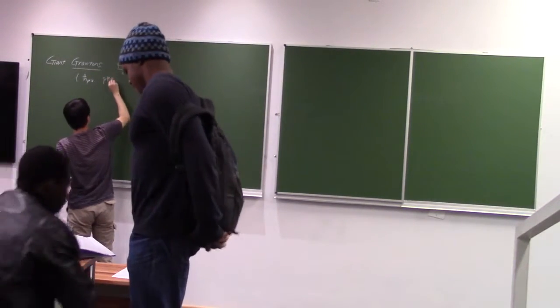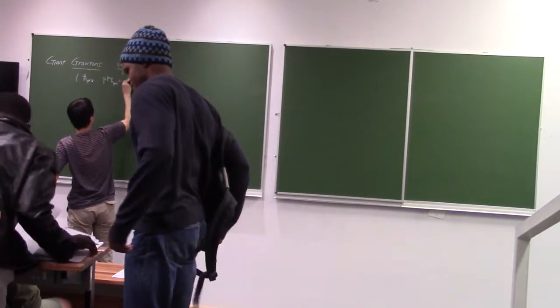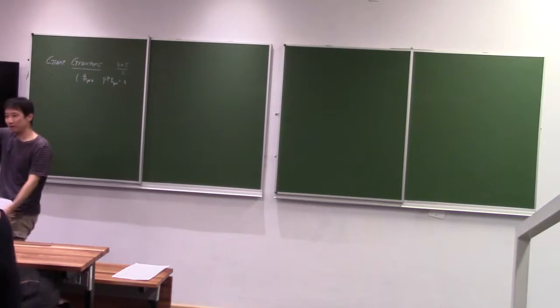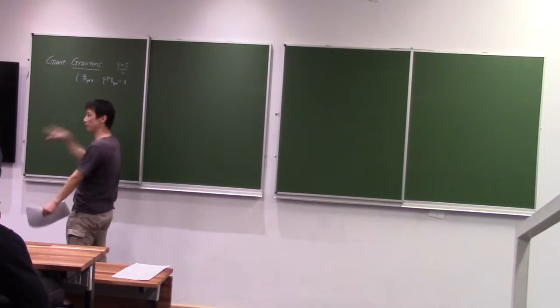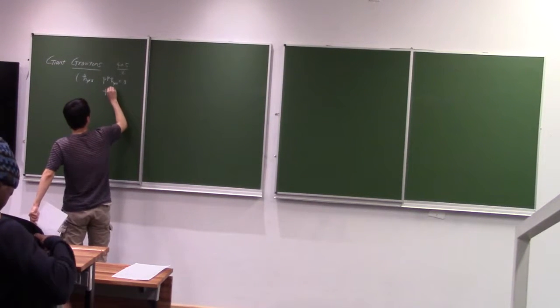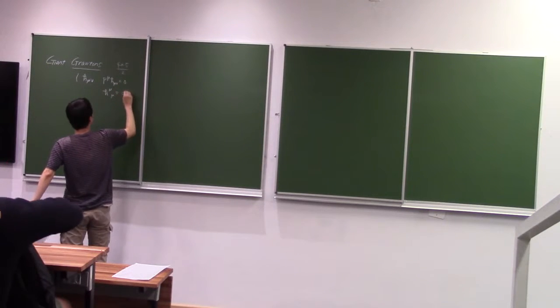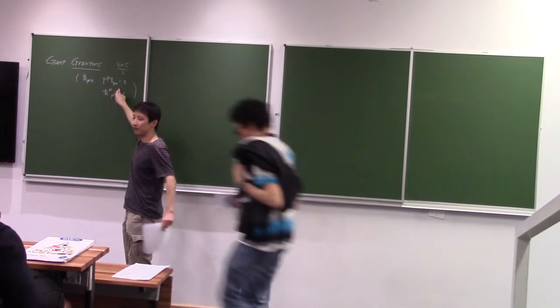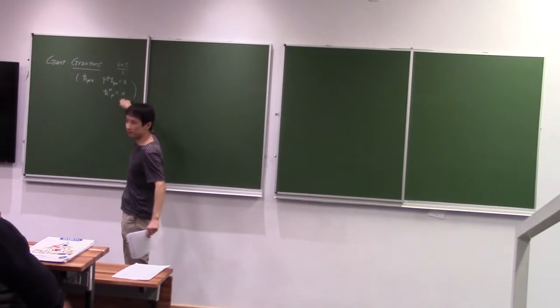I'm not going to go through all these things. But first, it has to be transverse. It's the same as the photon, so it's orthogonal to the direction of momentum. And another thing is it has to be traceless. So there are constraints.